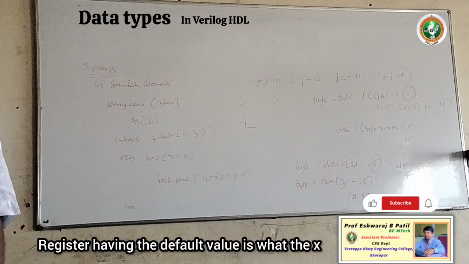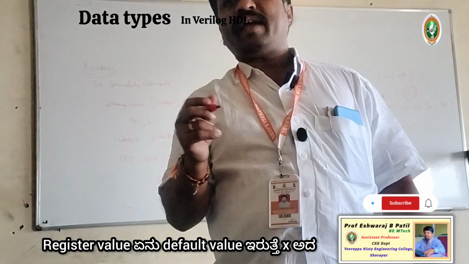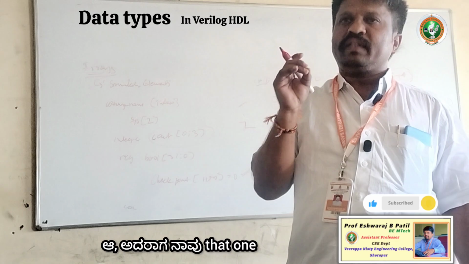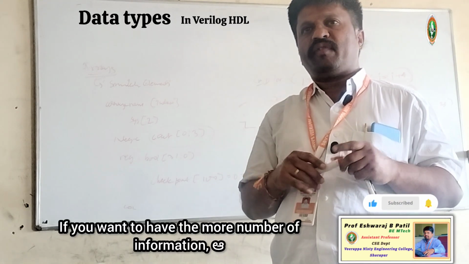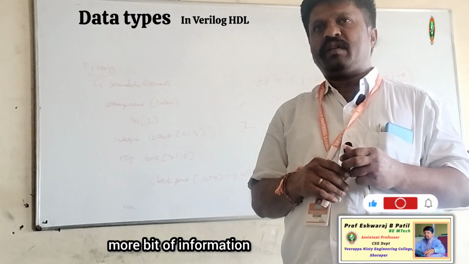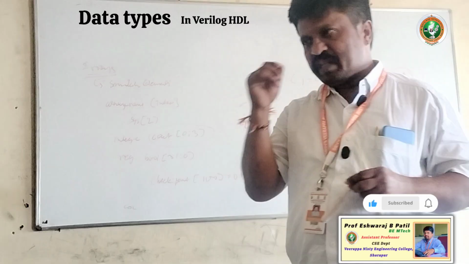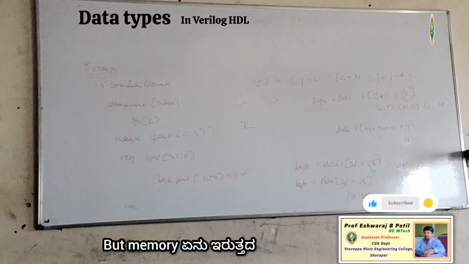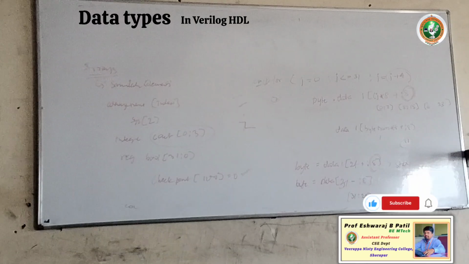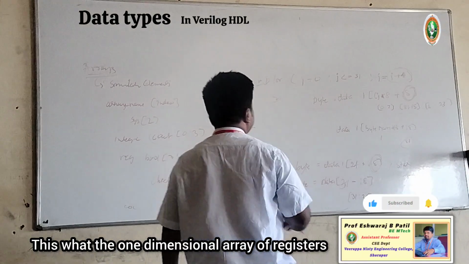A register's default value is x. If you want to store more bits of information, then go with memories. A register stores just one bit of information, but a memory is a one dimensional array of registers.